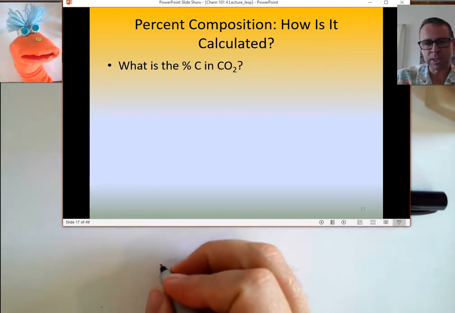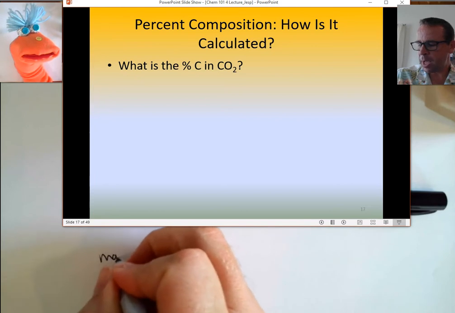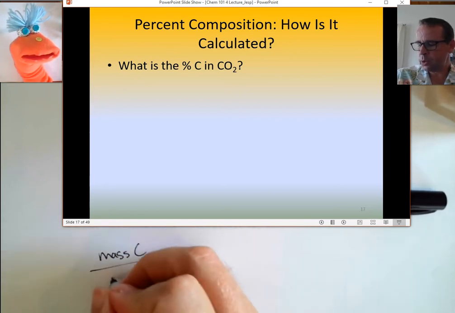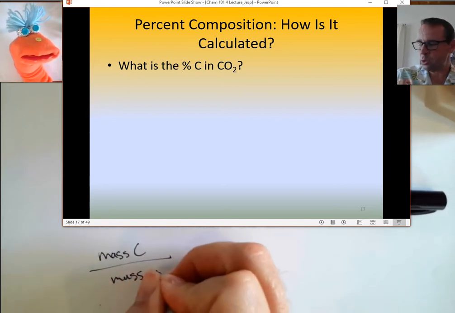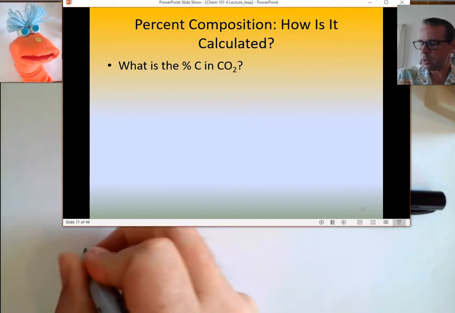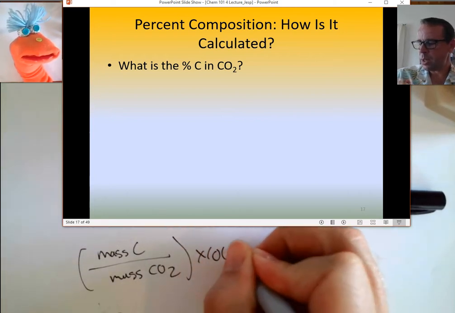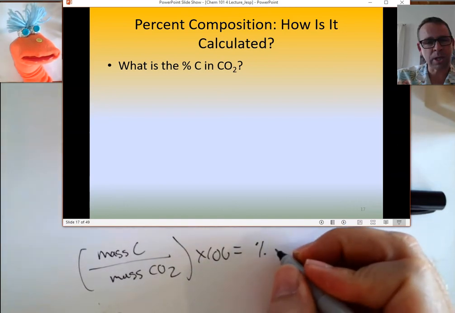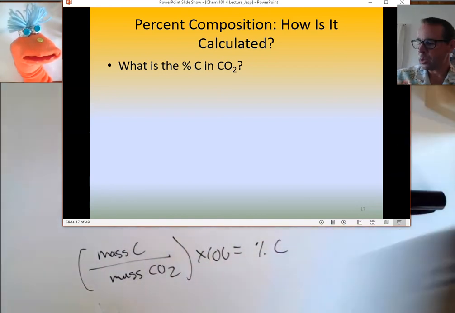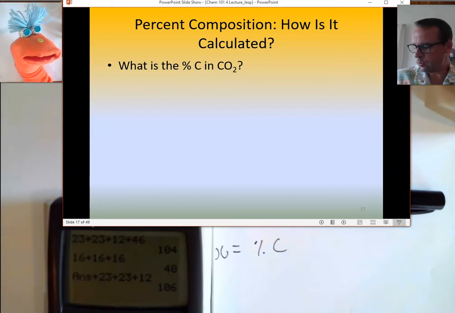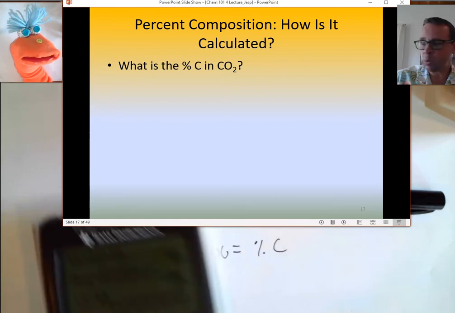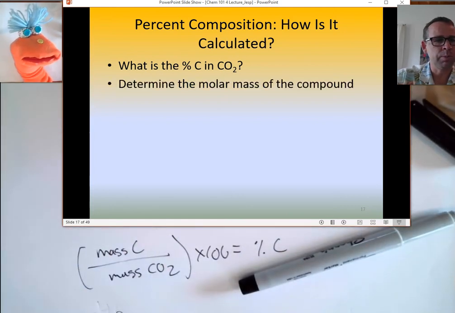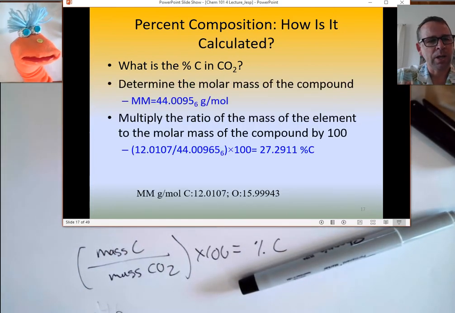What you're saying is the mass of the carbon over the mass of a unit of carbon dioxide, times 100, and that will equal the mass percent of the carbon. Good. So I put the 12 over the 44, and I got 27.3%. Okay. Very good.